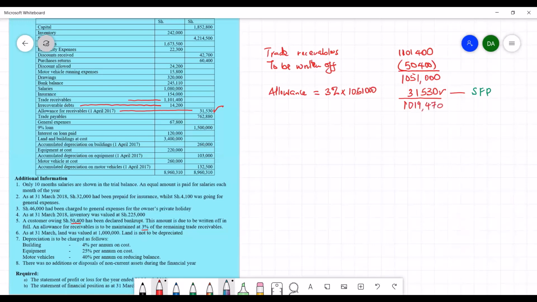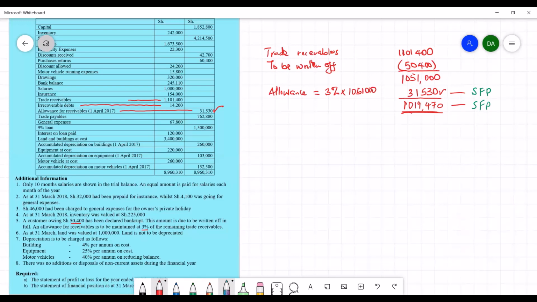That is now the receivables that should be presented as current assets in the statement of financial position. That is after we subtract 31,530 from 1,051,000.